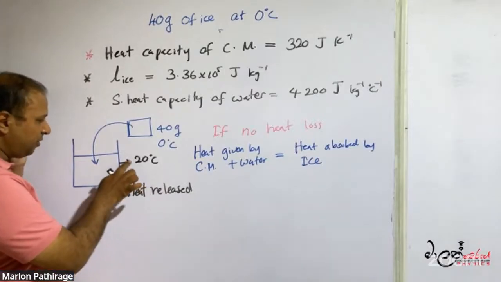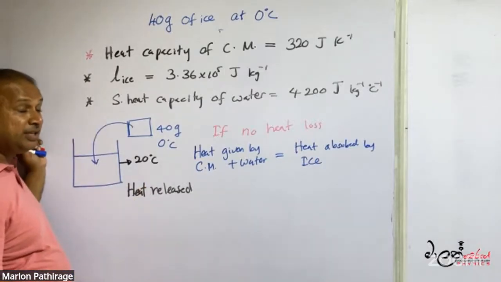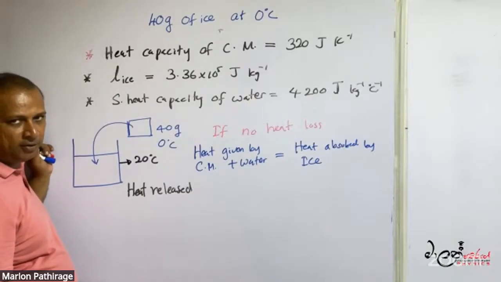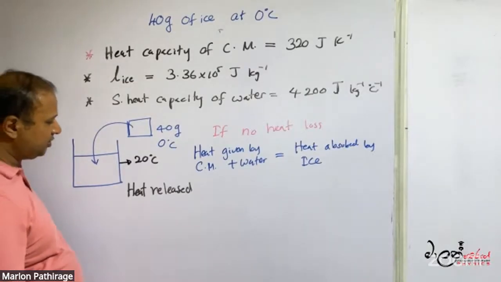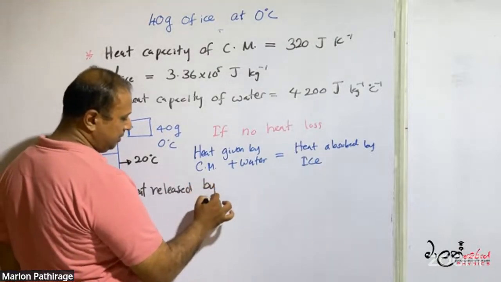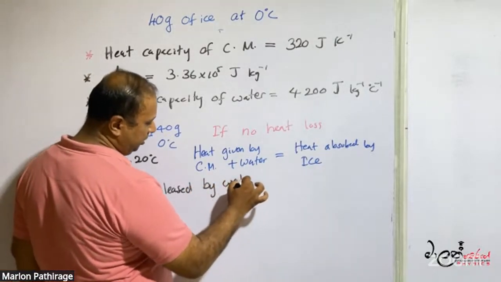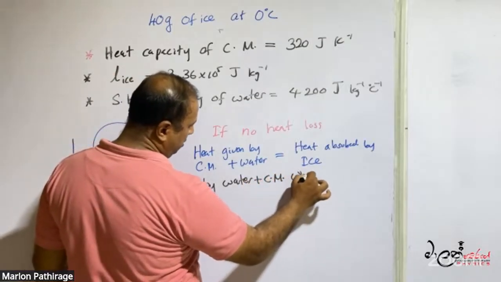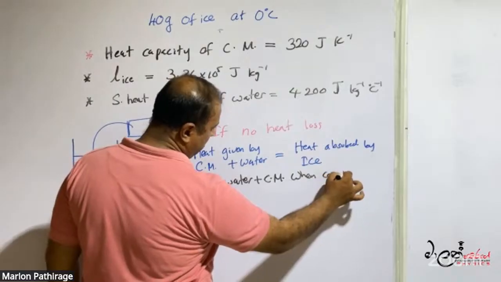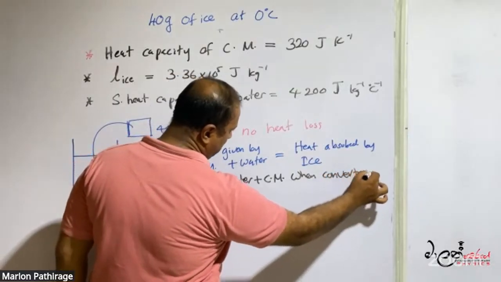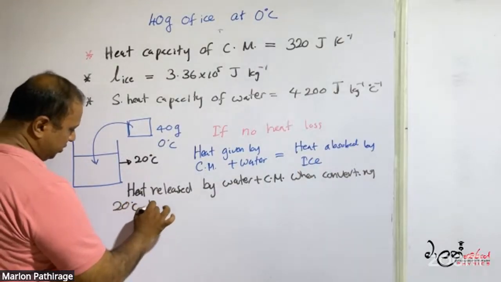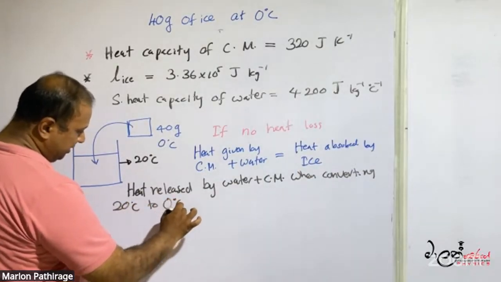Therefore, I can calculate that heat amount: the heat released by the water plus calorimeter when converting from 20 Celsius to 0 Celsius.